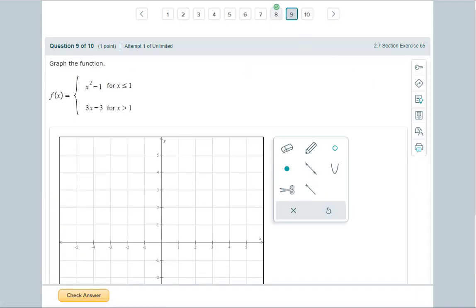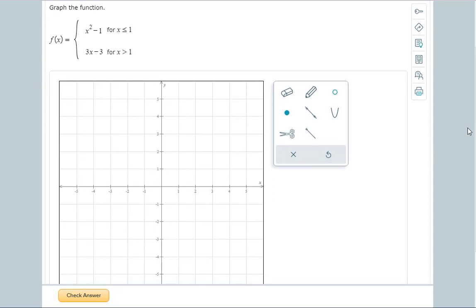Question 9, I see, again I have a piecewise defined function. I've got this piece, which is a parabola, and this piece, which is a line. Now, this one is a parabola shifted down by 1. Remember, my normal parabola comes through 0, 0.